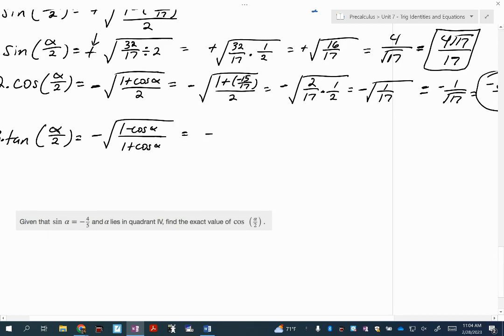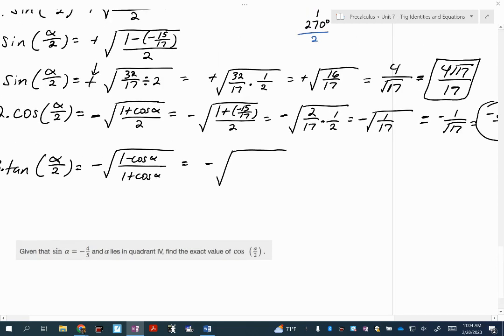We actually did these already, right? If you remember, we had 1 minus the cosine of alpha, which gave us 32/17 from the first one, divided by 1 plus cosine of alpha, which gave us 2/17: 17/17 plus negative 15/17, which is 2/17.